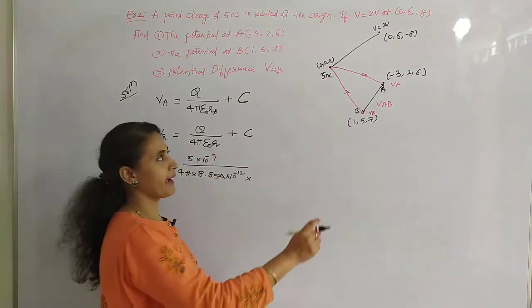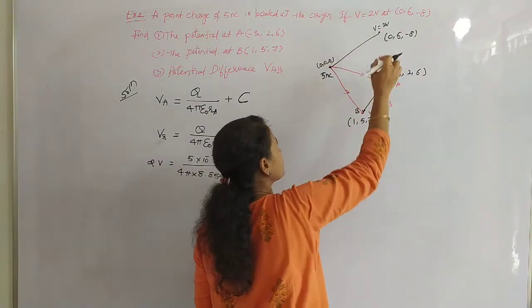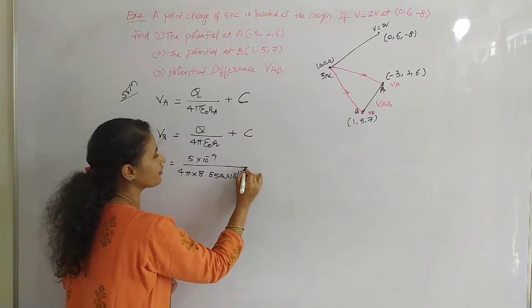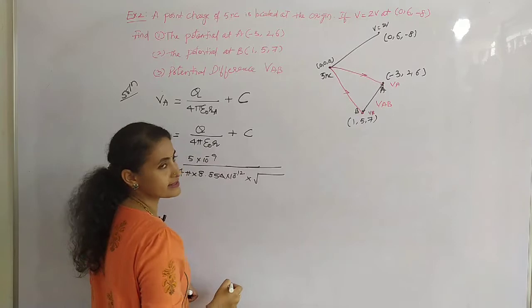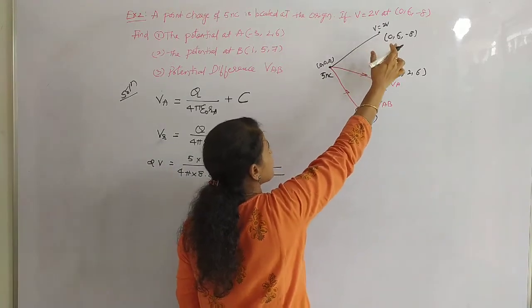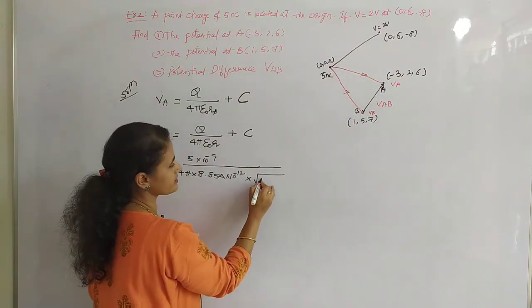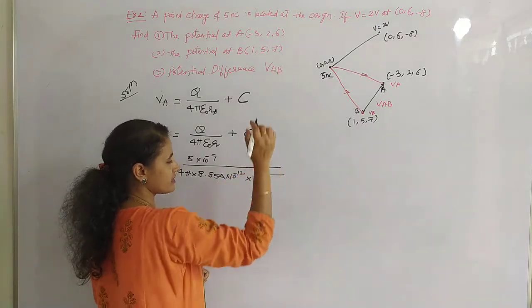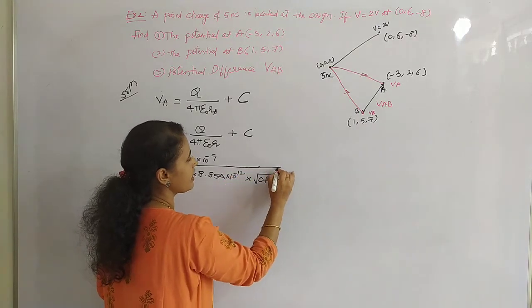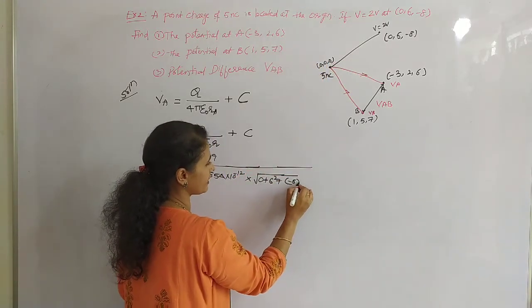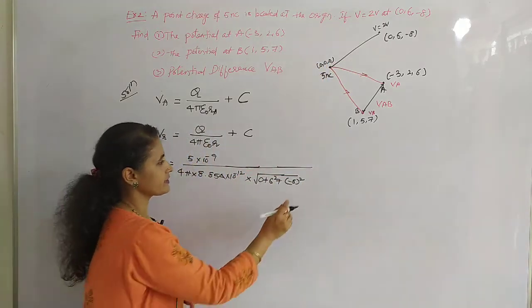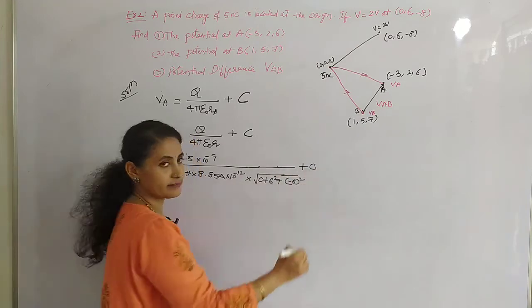R is the magnitude of the distance from the origin to this point, because it is with respect to the origin only. So the magnitude is the square root of 0 minus 0 whole square, which is 0, 6 minus 0 whole square, which is 6 square, and minus 8 minus 0 whole square, which is minus 8 whole square, plus C.